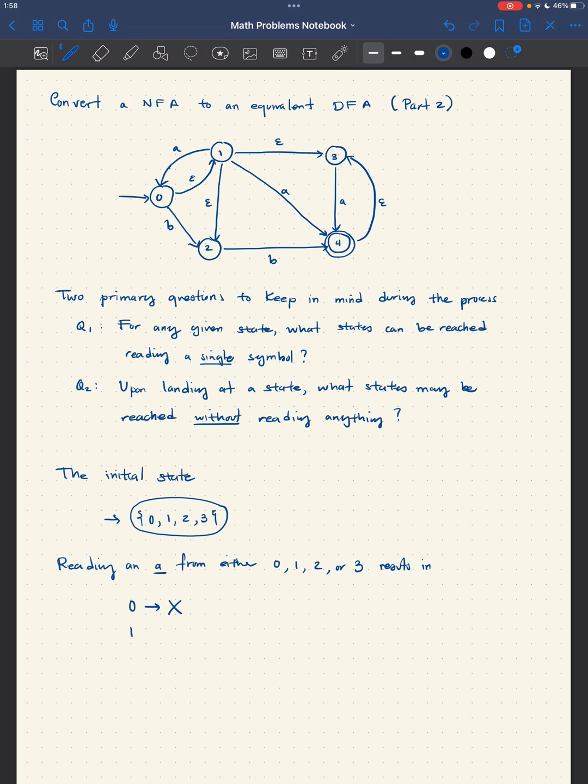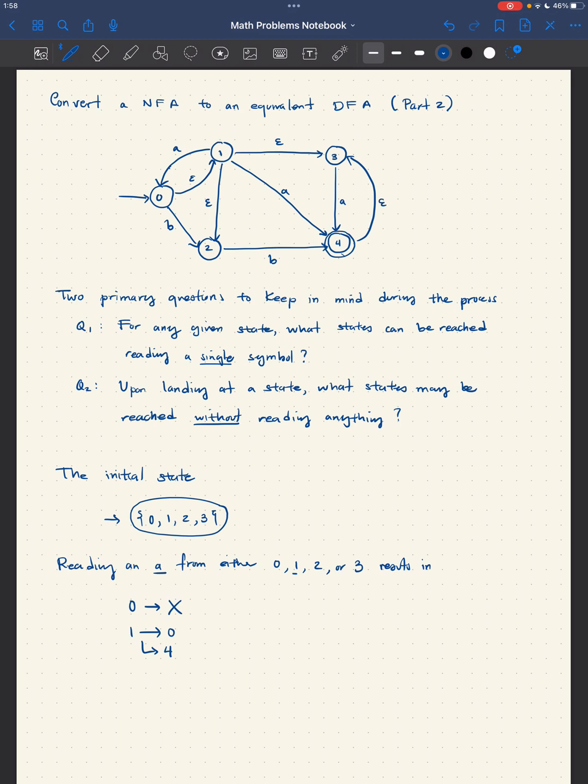From state 1, which is indicated here, what happens if we read an A? Well, if we read an A, we can land at state 0, or we may also land at state 4, following the picture. And that's all the things that we can do, staying on 1 and reading an A.